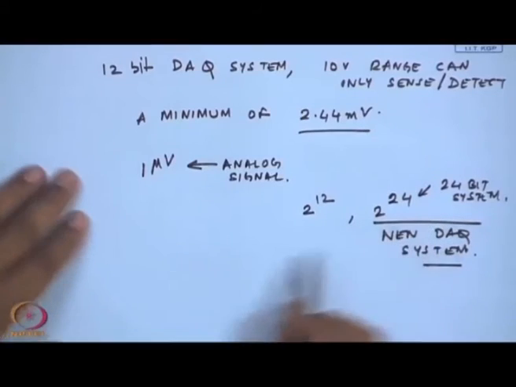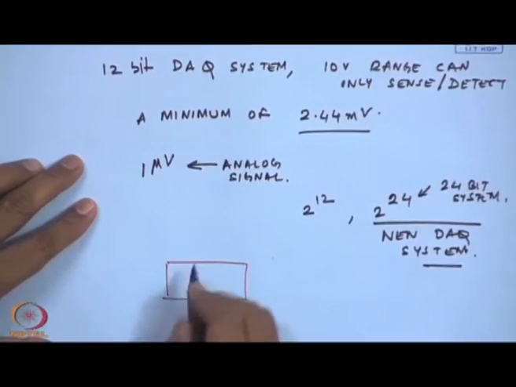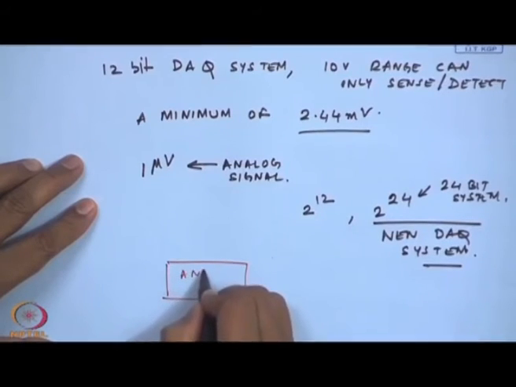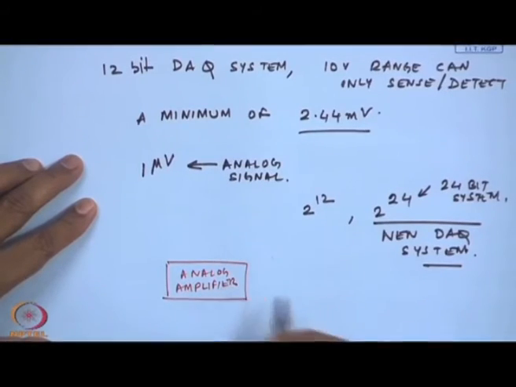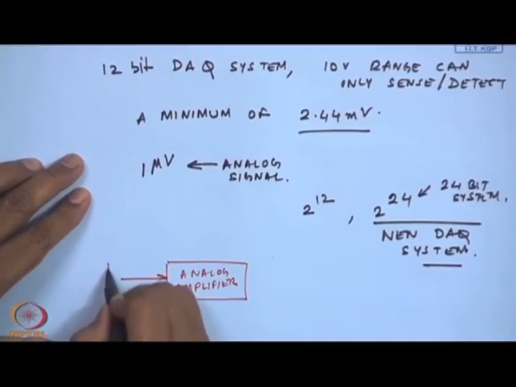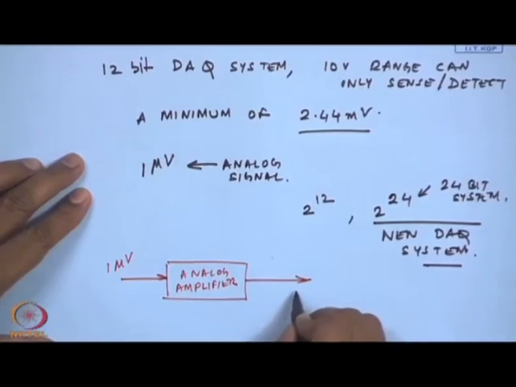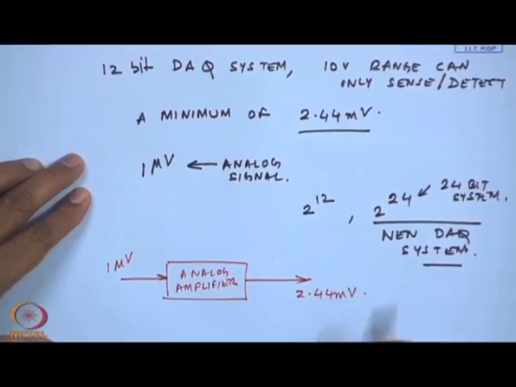If that is not possible, in between, what I can do is I can have a very nice analog amplifier with high signal to noise ratio, so that I give my 1 microvolt and I make it at least 2.44 millivolt or more.